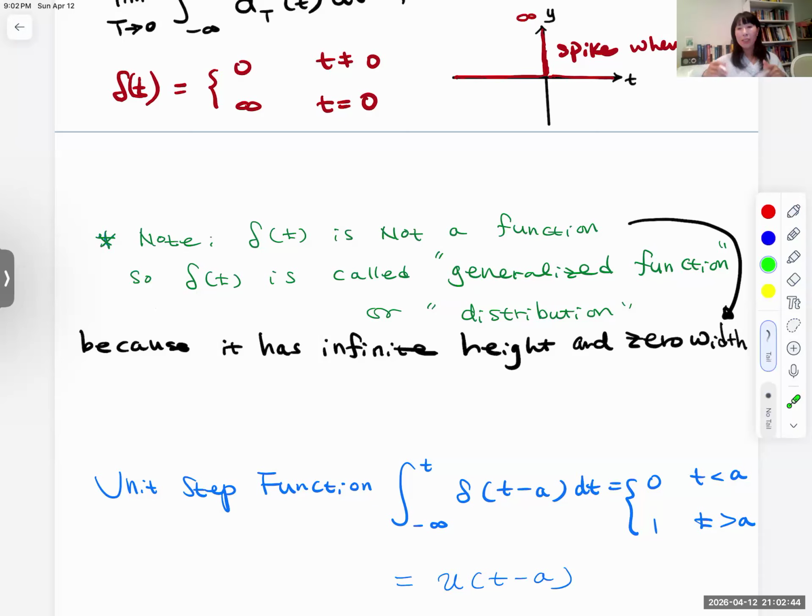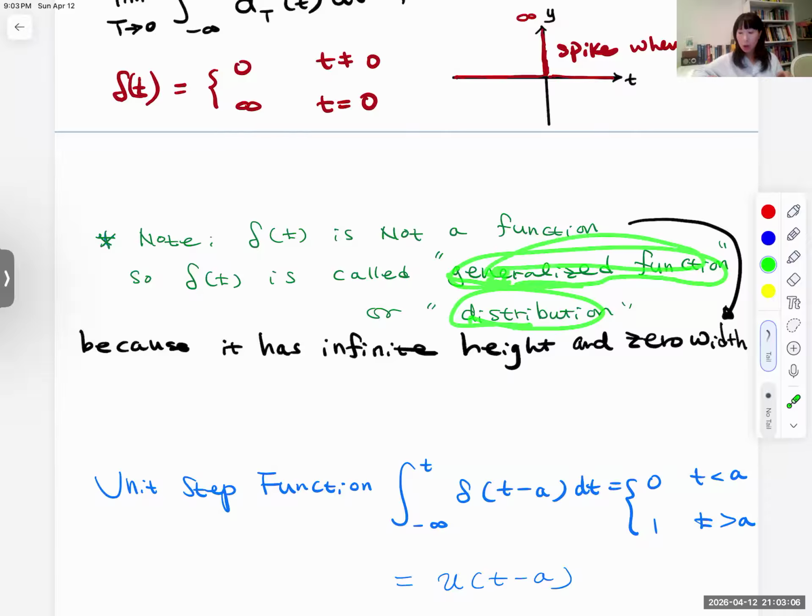It's not like f of t or f of x or g of y. It's a distribution, what we call a generalized function.